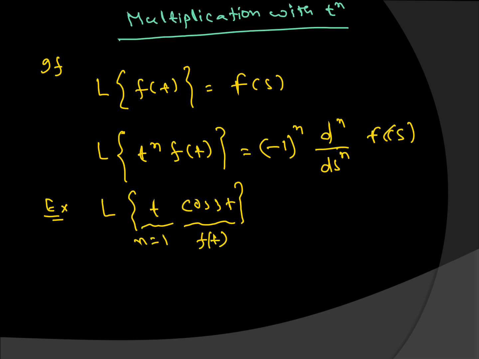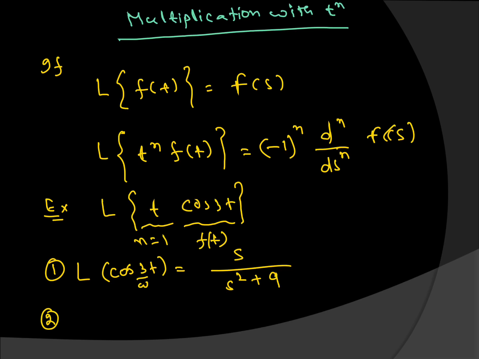So in step 1 we will do Laplace of cos 3t. It's s divided by s square plus omega square, omega is 3, so 3 square is 9. s divided by s square plus 9. This is our F of s.